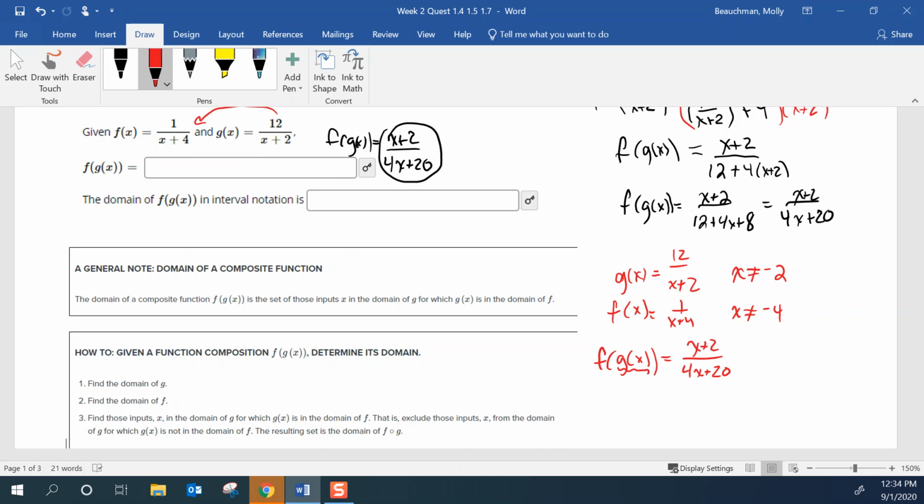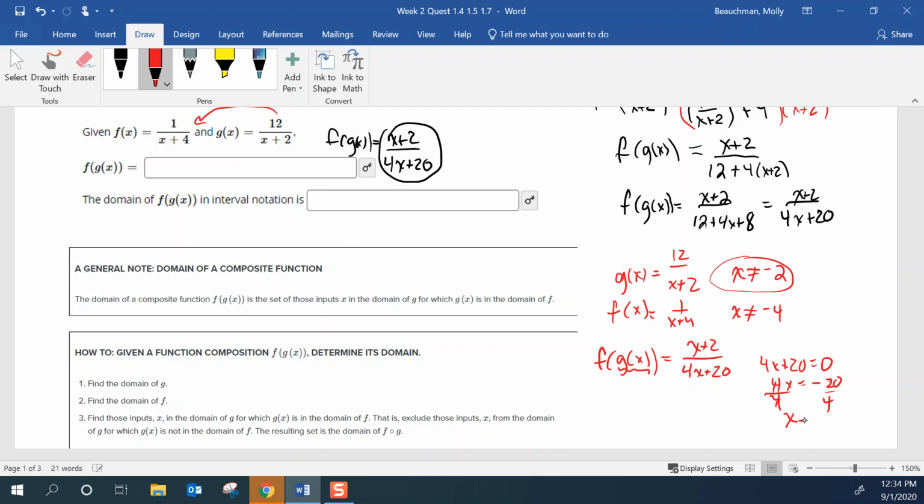So we know in the function g of x, we can't put a negative 2 in there. So x can't equal negative 2 in our composition either. So if we take a look at the composition, is there anything besides negative 2 that we can't put in there? Okay, we take 4x plus 20, set it equal to 0, because the 0 can't be in the denominator. 4x equals negative 20, divide both sides by 4.